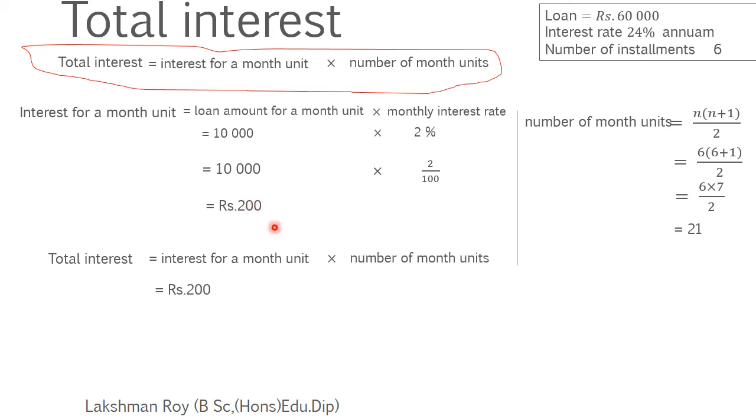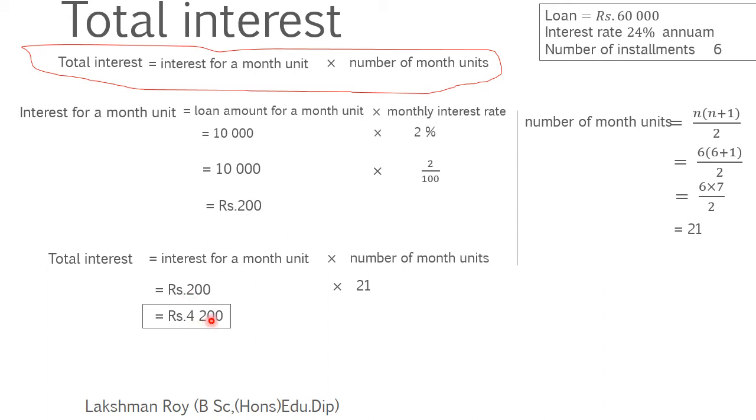So that should be multiplied by the number of month units, here we found 21. So 200 multiplied by 21. Multiplying 21 by 2, you get 42, then two zeros, so you get 4200.